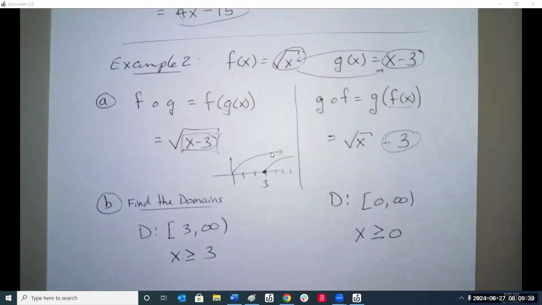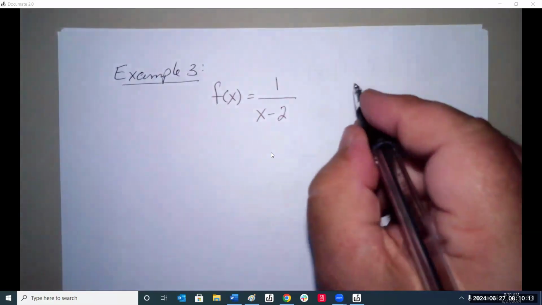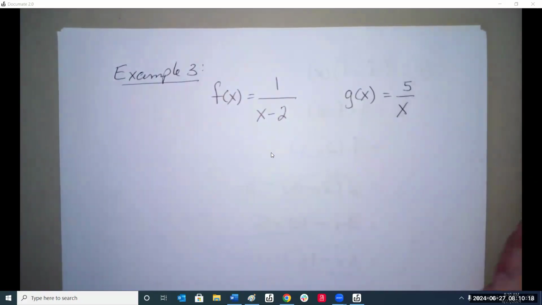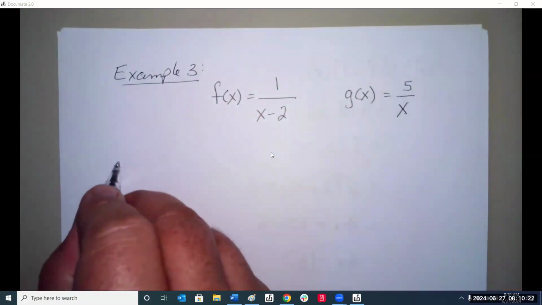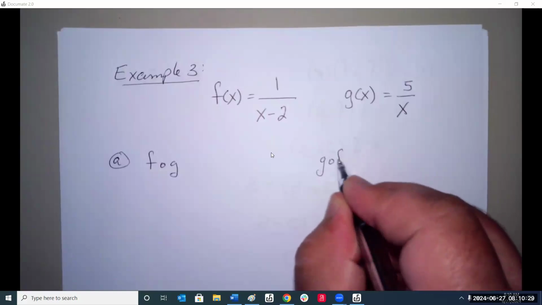All right, let's look at example 3. Example 3 says, given that f of x is equal to 1 over x minus 2, and g of x is 5 over x, find f of g and g of f.